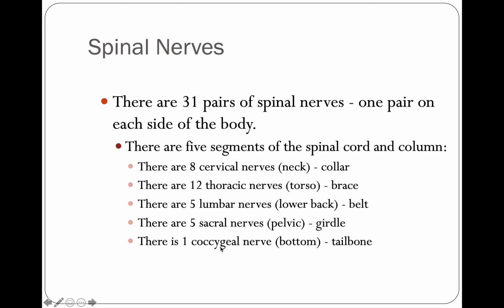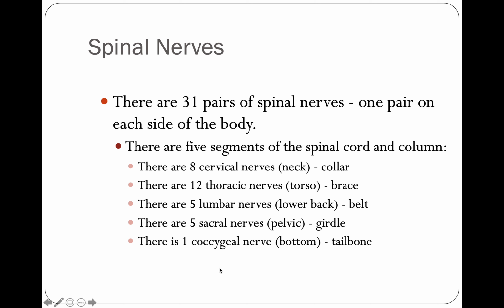Anyway, all these words are Latin, and they all have meaning. So if we were in ancient Rome, of course, somebody would talk about the cervical nerves, and we know that it's around your neck, and we know that thoracic means brace, which is in your torso, and we know that lumbar means belt, so it's around the area where you have a belt, and sacral means girdle, and you'd know that it was between your belt and your thighs, I guess.